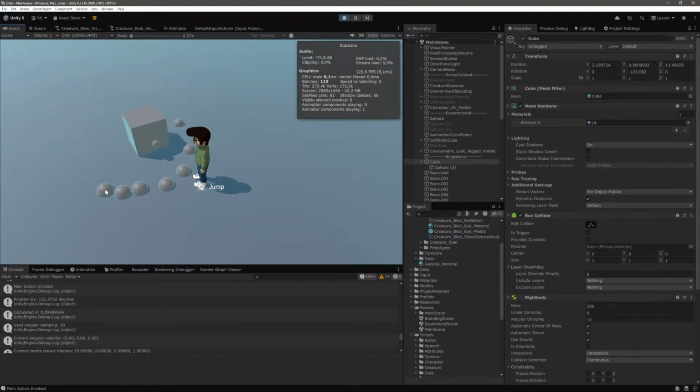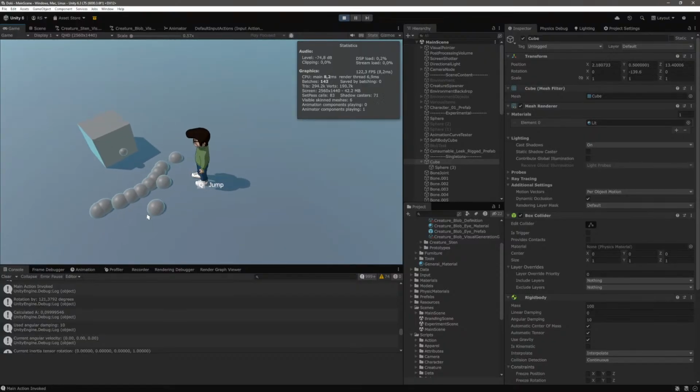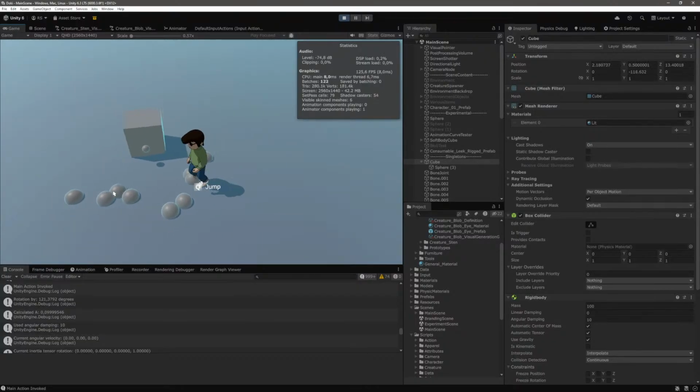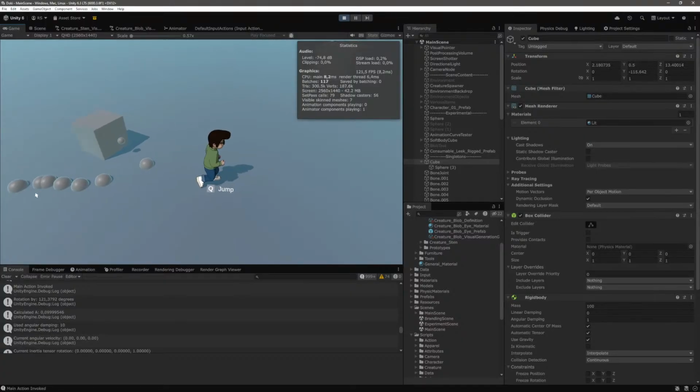And now we're not seeing any difference depending on rigid body mass, so I guess that's good. Less angular damping gives us smaller rotation.